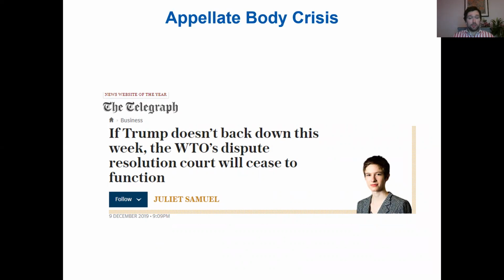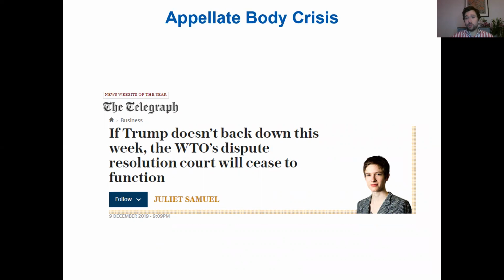On the 10th of December 2019, the number of the appellate body members whose term has not expired reduced to 1. So here in the Telegraph, they say if Trump doesn't back down this week, the WTO's Dispute Resolution Court will cease to function. Well, not entirely correct.